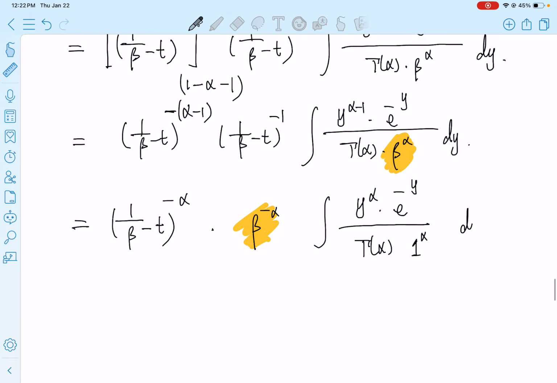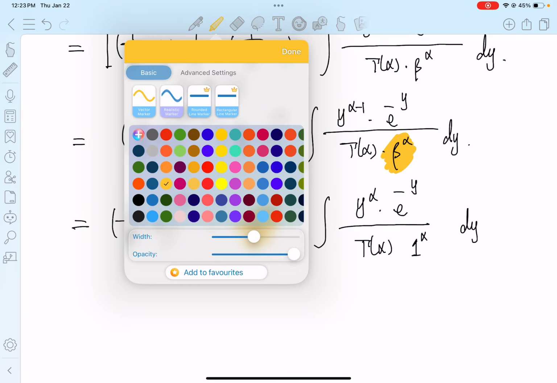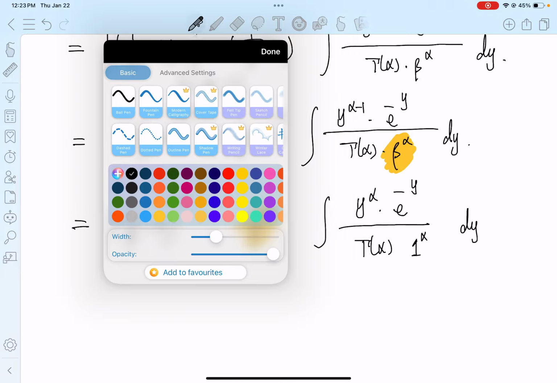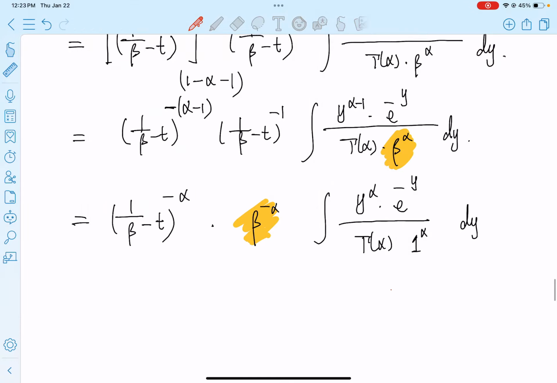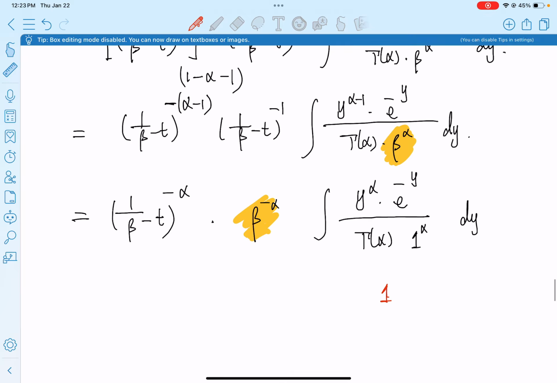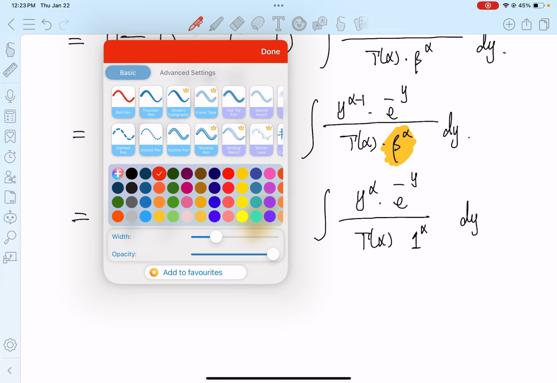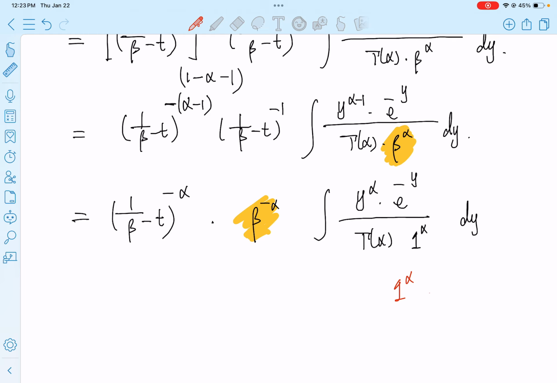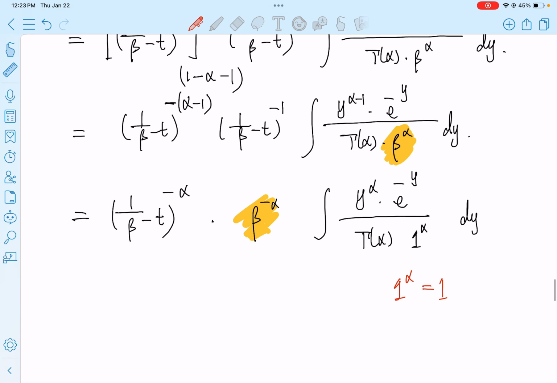Okay, and then dy. So 1 raised to the power of alpha is just equal to 1. So essentially we are just multiplying by 1 here. So again, the quantity does not change.